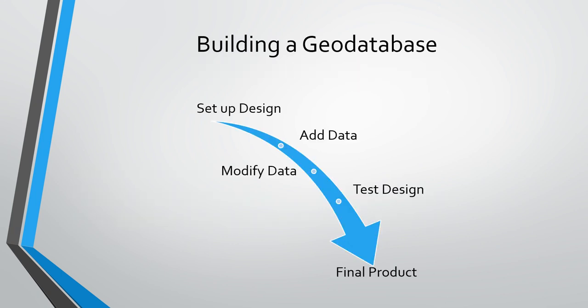So to summarize, to build a great geodatabase, you're going to set up a design. You're going to add the data. You're going to modify the data. You're going to test the design with the data that you've got. And eventually you will have a final product.